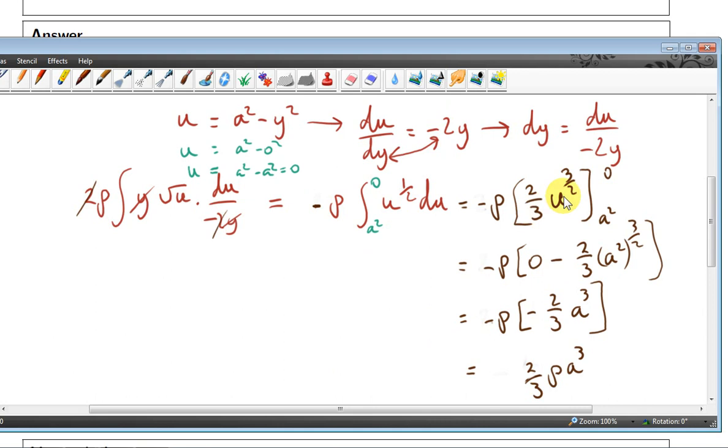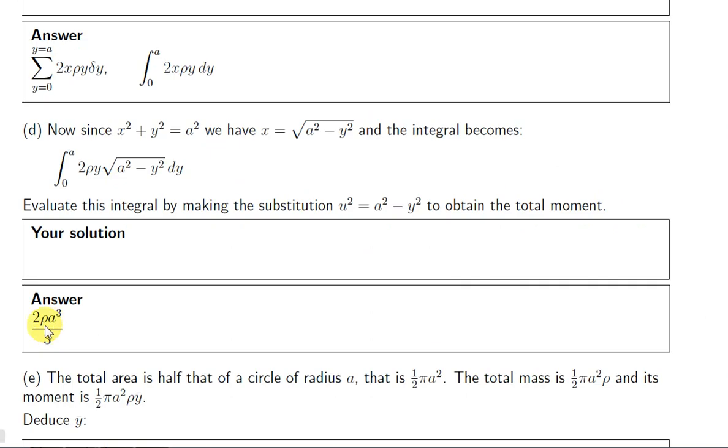Integrating u to the half gives us 2/3 u to the power of 3 over 2. Plug 0 in for the upper limit and we get 0. Then we have a minus sign, and then plug in the lower limit a squared. So we have a squared to the power of 3 over 2. That's a to the power of 2 times 3 over 2. That's a to the power of 3. So we end up at 2 rho a cubed over 3.